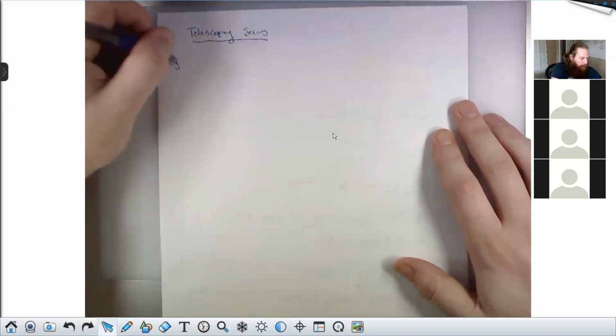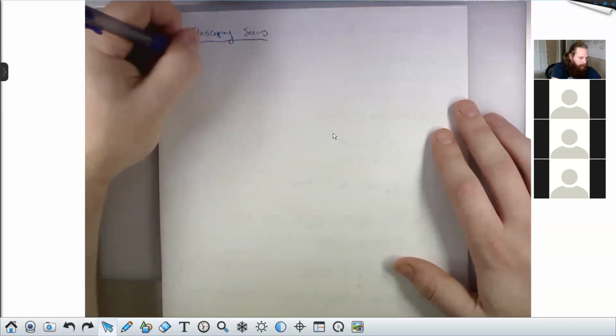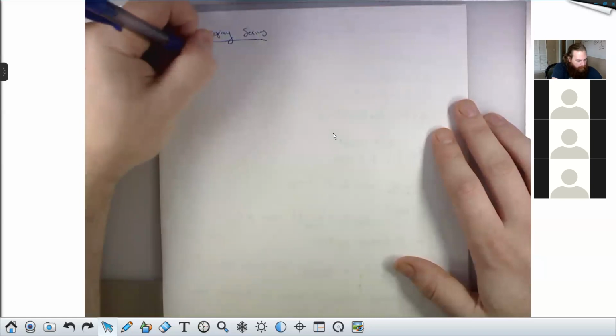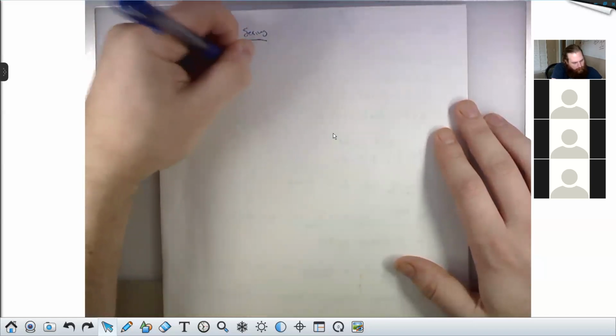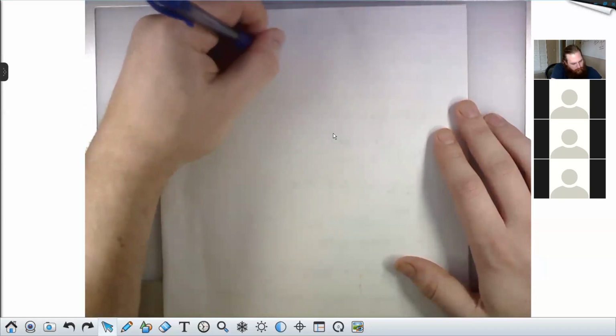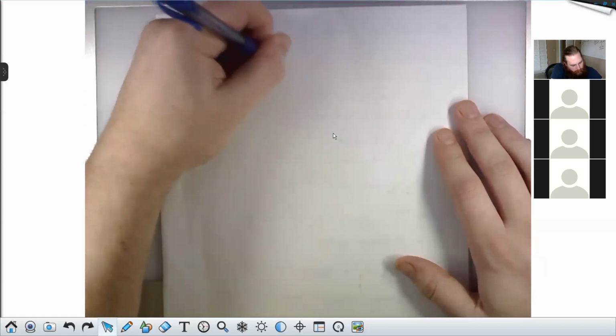So the best way to get comfy with these is through examples. Let's just play around with the series S equals the sum from 1 to infinity of 2 over n times n plus 1.